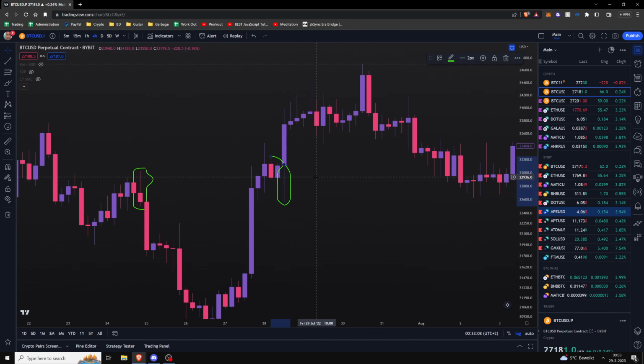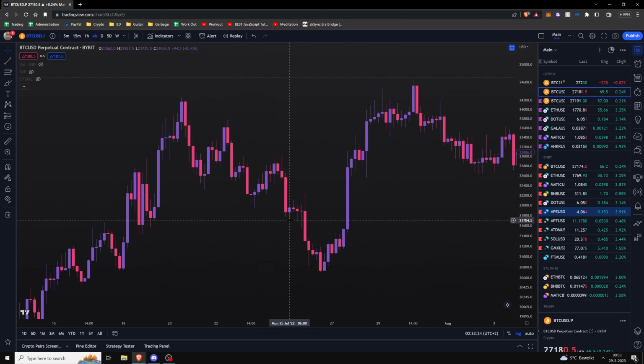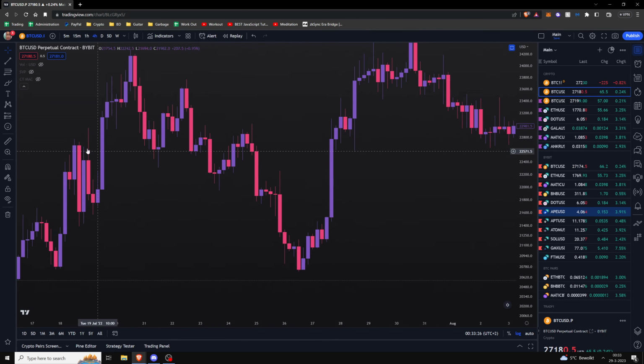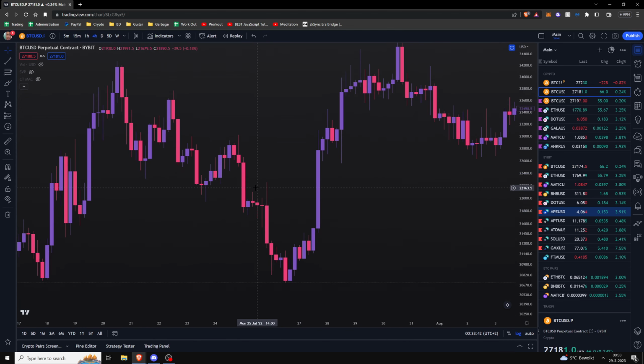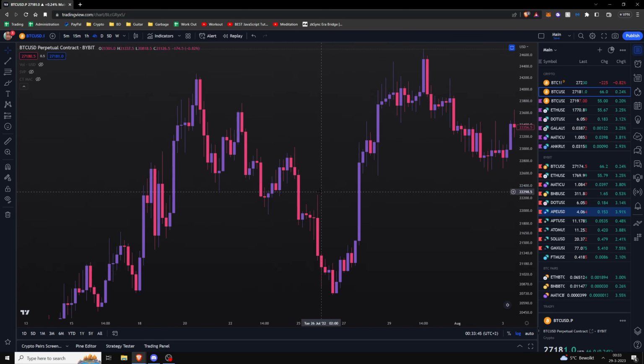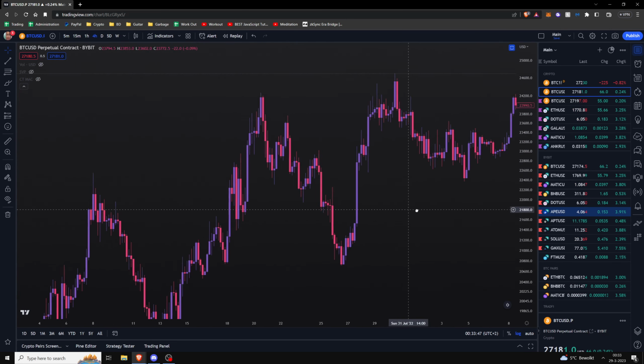Now, when we're looking at high and low tests, you'll see a lot of them on the inverse. So we'll see a lot of low tests here in a downtrend. Now, if you're going to get bullish based on these low tests in a downtrend, it's not going to work out too well. But if you do the opposite, where you're looking for only the ones that are matching your trend, so if you establish a downtrend, right?